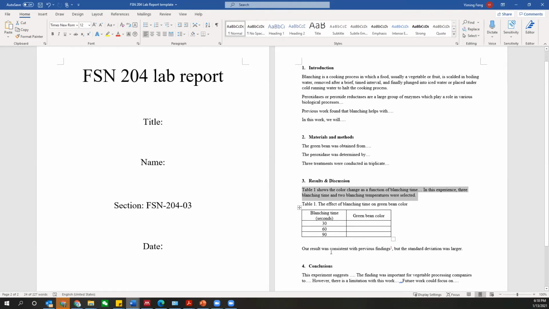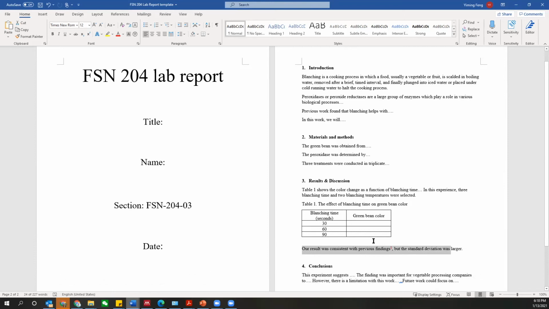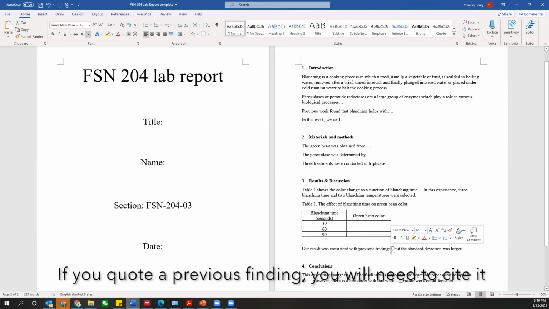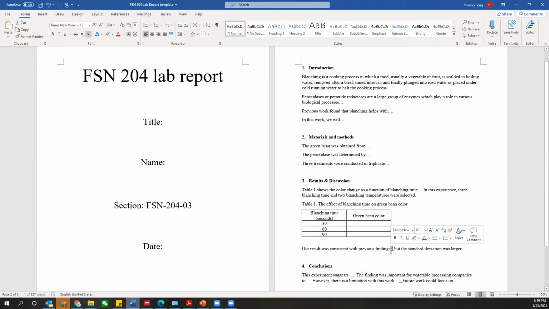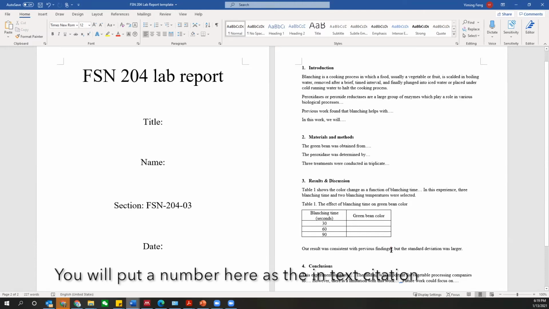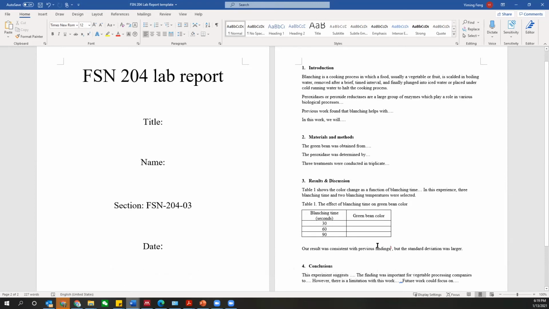And then we'll discuss the finding by comparing to previous work. If you quote a previous finding, you will need to cite it. You'll put a number here as an in-text citation. I will talk about the references in a later section.